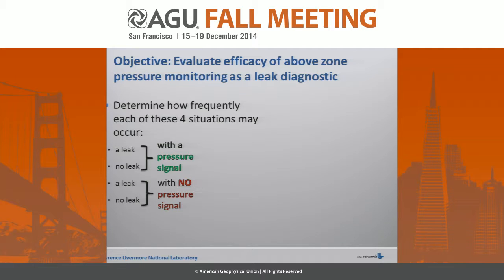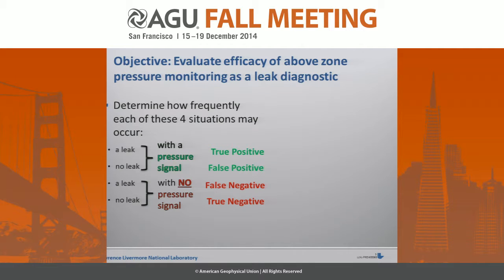Given that some monitoring well observes a pressure signal, does that coincide with a leak or a non-leak? We can call these our true positives and our false positives. Conversely, if we're not observing a pressure signal, how often does that coincide with a leak and a non-leak? Then we have our false negatives and true negatives.